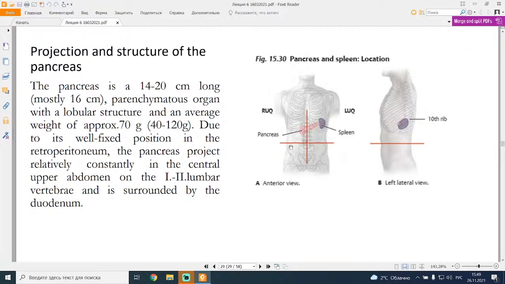Due to its well fixed position in the retroperitoneum, the pancreas projects relatively constantly in the central upper abdomen onto the 1st-2nd lumbar vertebra and is surrounded by the duodenum.